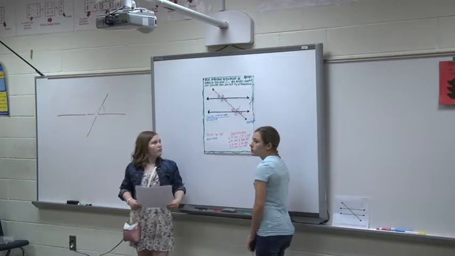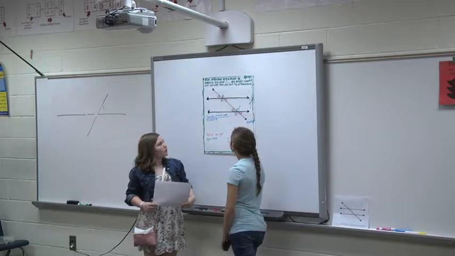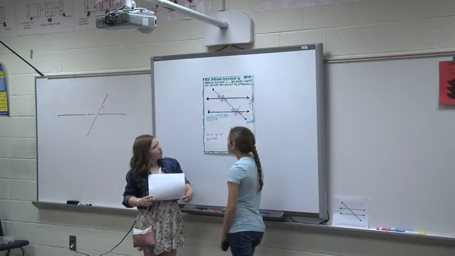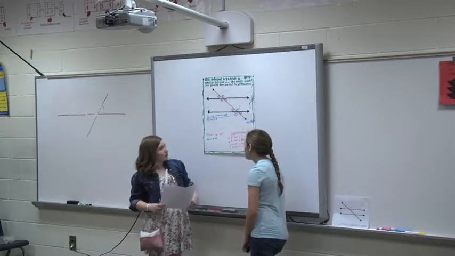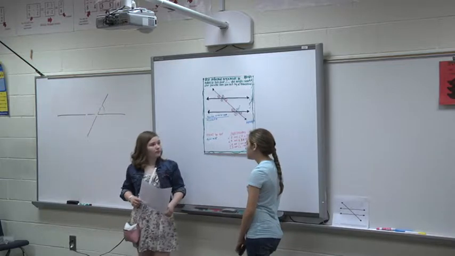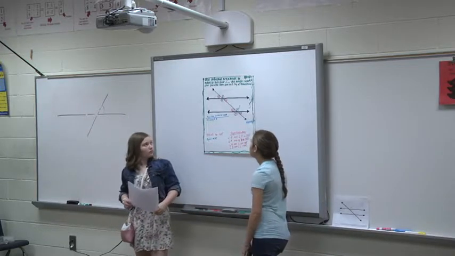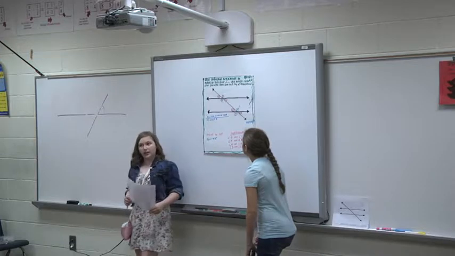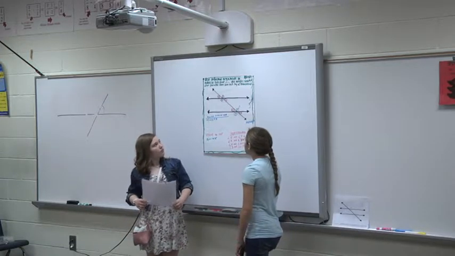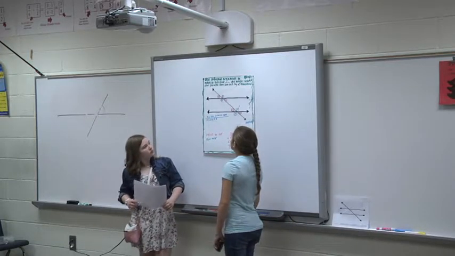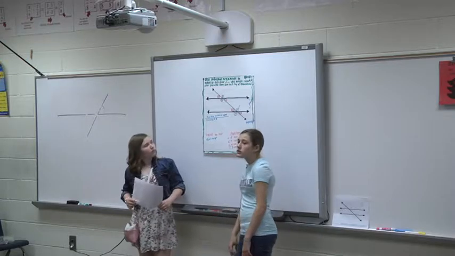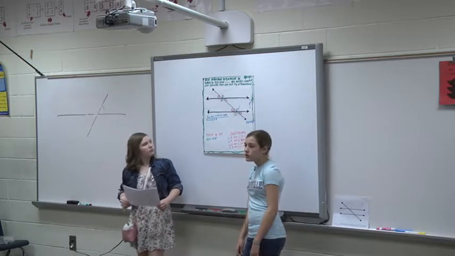I heard H and C. Anybody else see more? E and something? E and D. So I'm hoping you got that they don't have to be together on the line.